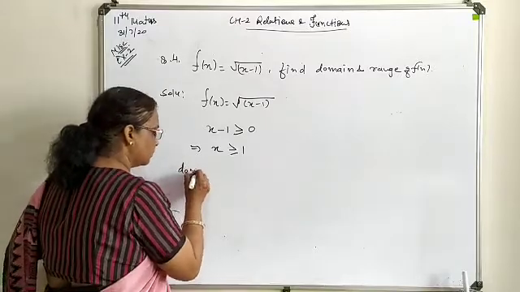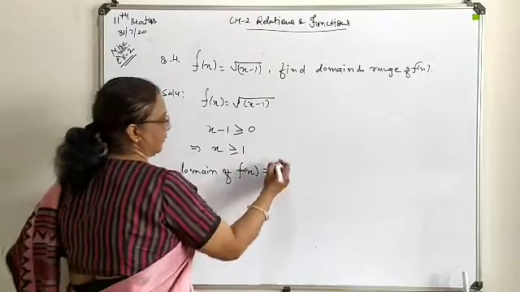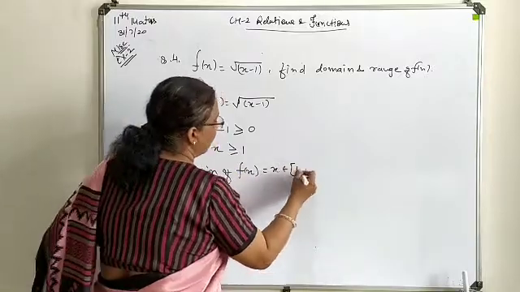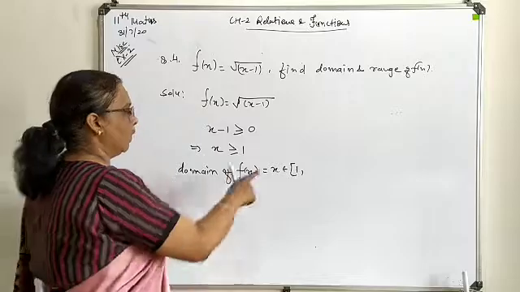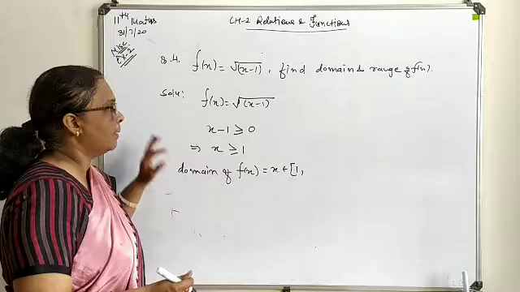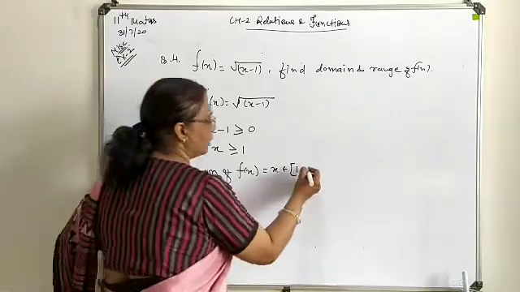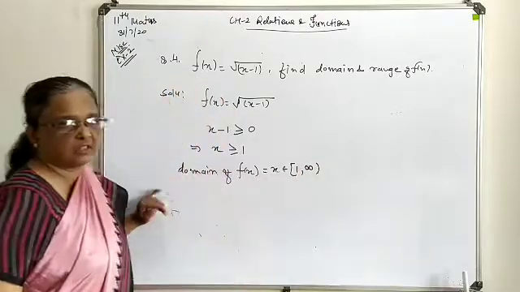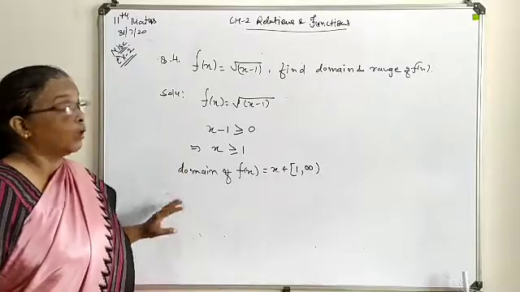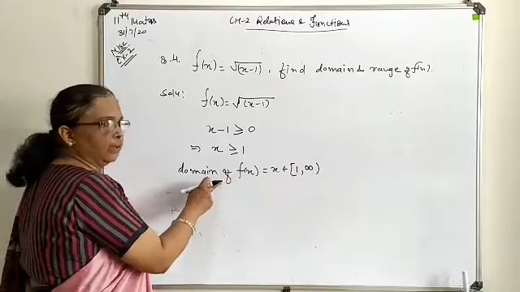The domain of f(x) you can write as x from, since the equality sign is there, the closed bracket 1, and greater than 1 means the last limit is positive infinity, because everything here we are going to discuss on R. So it will be positive infinity. Infinity is not definite, that's why here we use an open interval sign. So this is all about the domain of f(x).